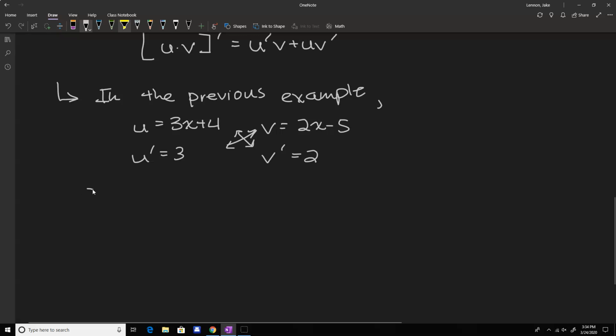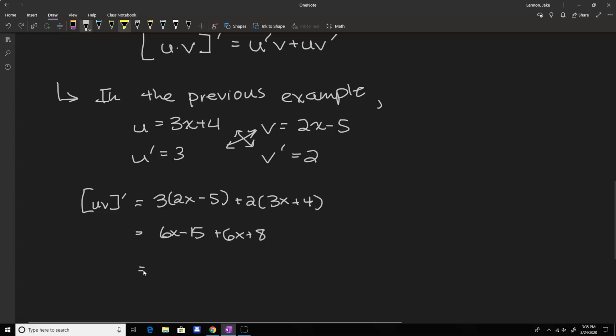So in this case, our derivative function uv prime is going to be 3 times the quantity 2x minus 5 plus 2 times the quantity 3x plus 4, and then we can just expand and simplify. So we end up with 6x minus 15 plus 6x plus 8, and this simplifies to 12x minus 7.